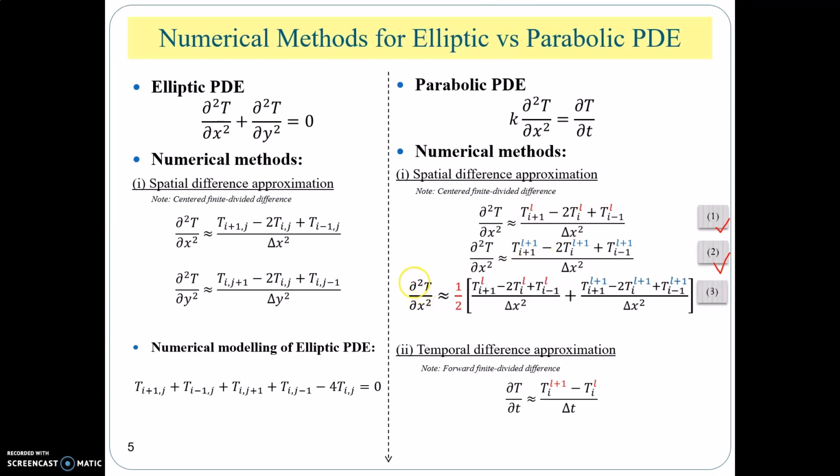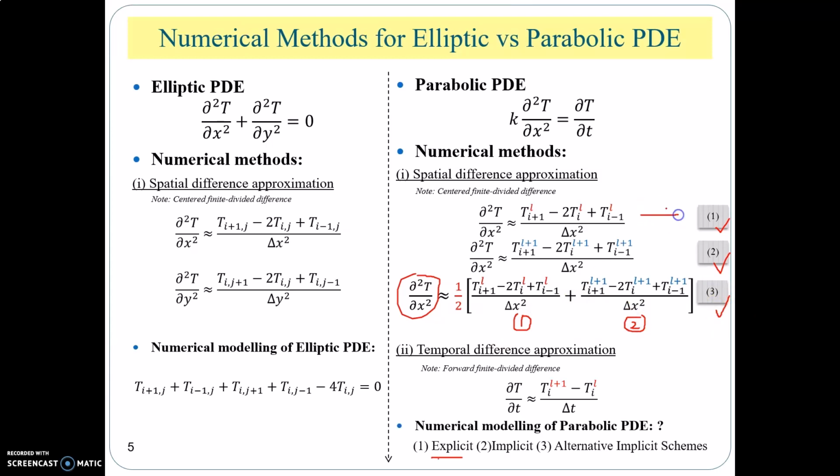We can also find the second derivative of the temperature with respect to x as approximately 1 over 2 of equation 1 plus equation 2 to obtain the third equation.